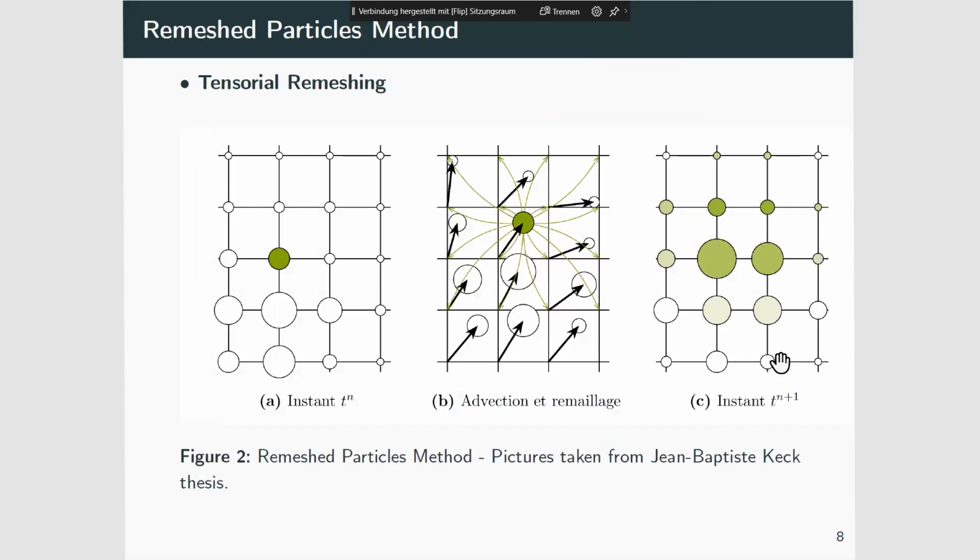As a scheme is better than 1,000 words, as I said before, you have a fictional particle which holds the value of your scalar. It is advected, and then the remeshing kernel redistributes the value on the points around the arrival position of your particle, and then at the next time step you have a new scalar field.